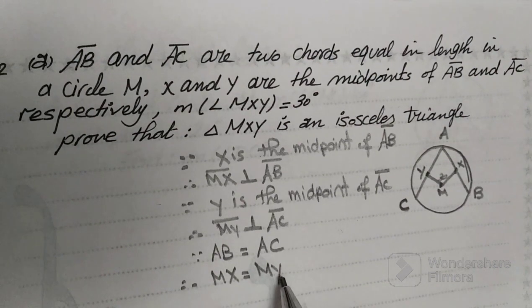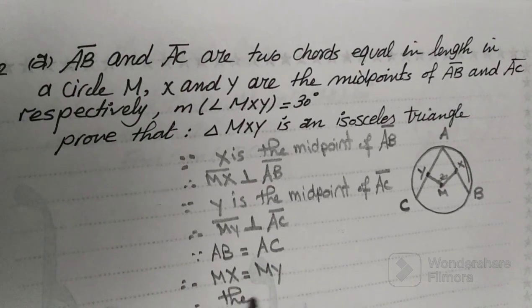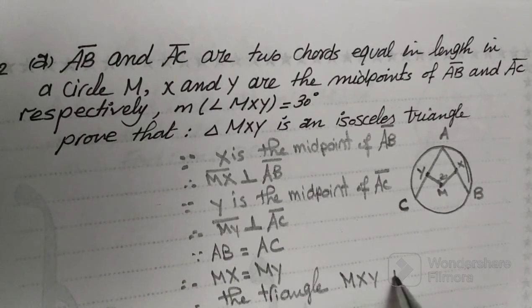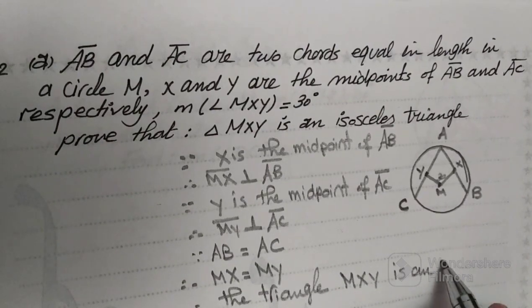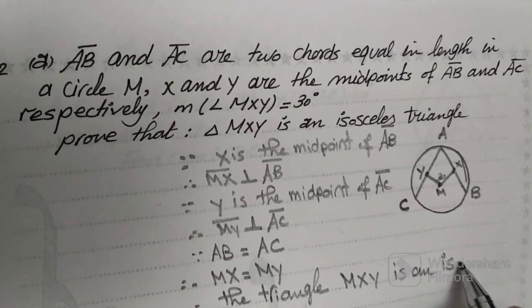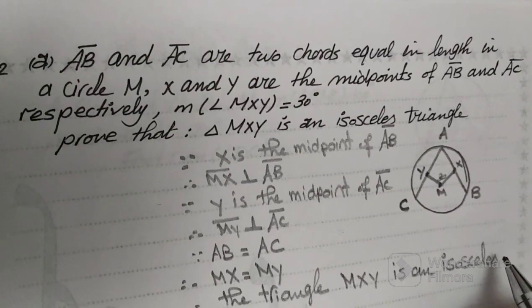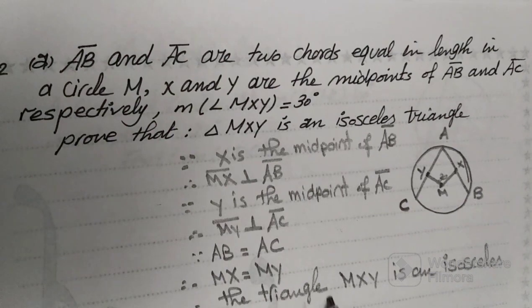MX equals MY, therefore the triangle MXY is an isosceles triangle.